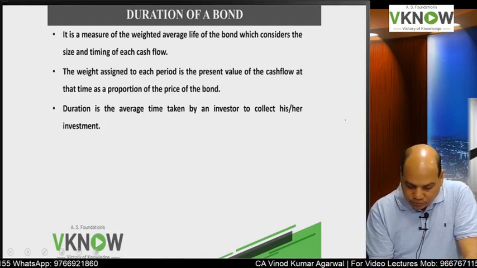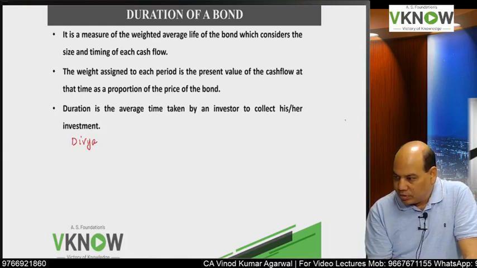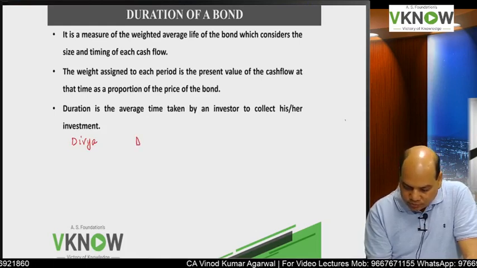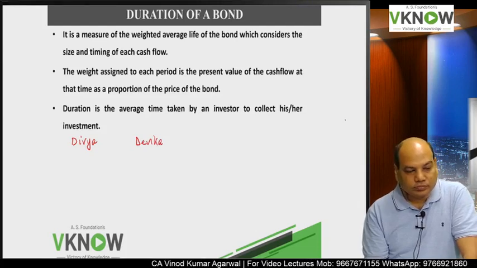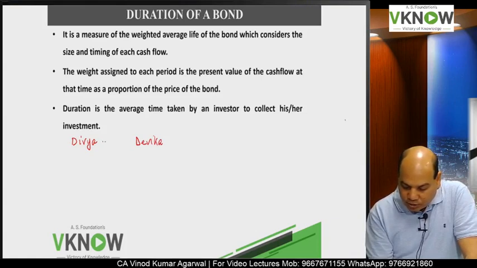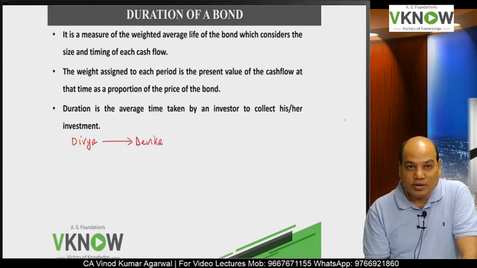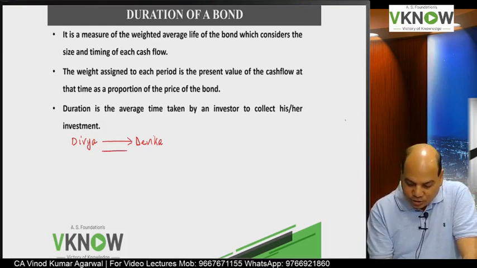Okay. So there are two friends, Divya and Devika. Divya asked Devika, can you lend me 3 lakh rupees? Can you give me a loan of 3 lakh rupees? So Devika says, yes, I can give you a 3 lakh rupees loan.